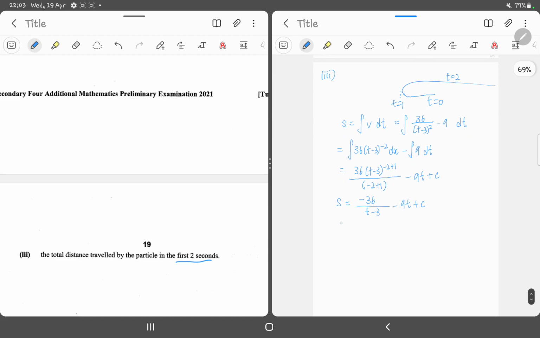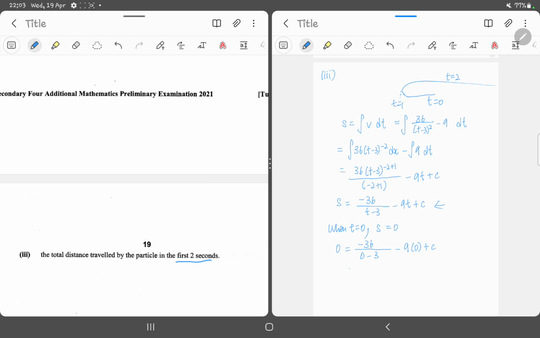Correct? So when t equals 0, when the particle just started, at the start the displacement must be 0. So substituting it inside here, 0 equals minus 36 over 0 minus 3 minus 9 times 0 plus c.